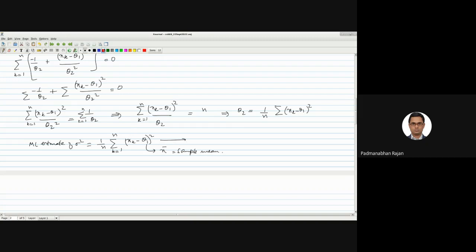This is nothing but the arithmetic average of the square of deviation from the sample mean.